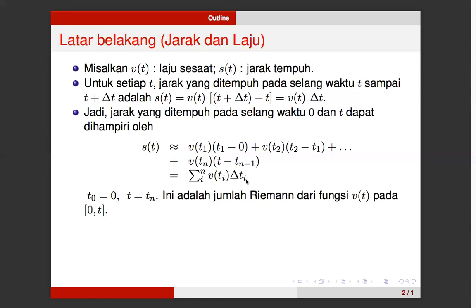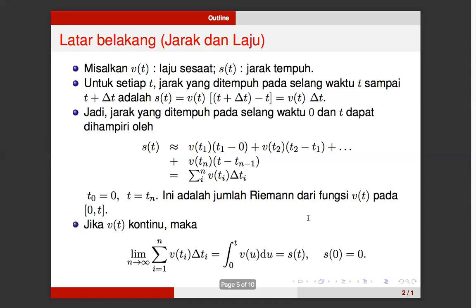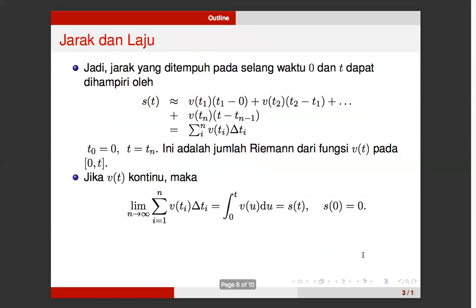Okay, so this is the Riemann sum for the function v(t) on the interval 0 until t. Then if the velocity is continuous, we can approximate the area, or the distance traveled by the particle, as the integral from 0 until t of v(u) du, which is s(t), with the initial distance traveled being 0.